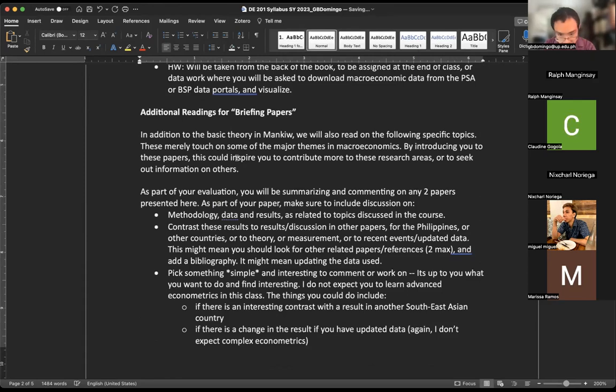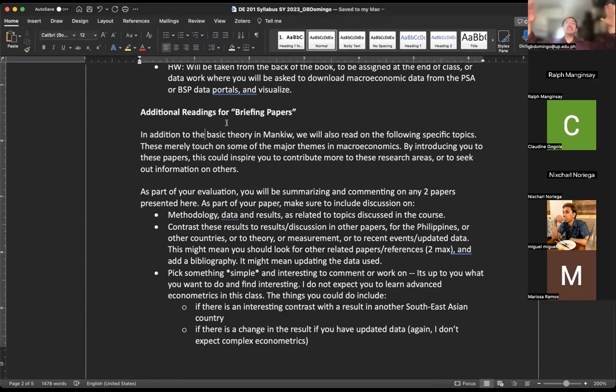In addition to the basic theory in ManQ, and I was worried. Additional readings. So we will also read on the following topics.